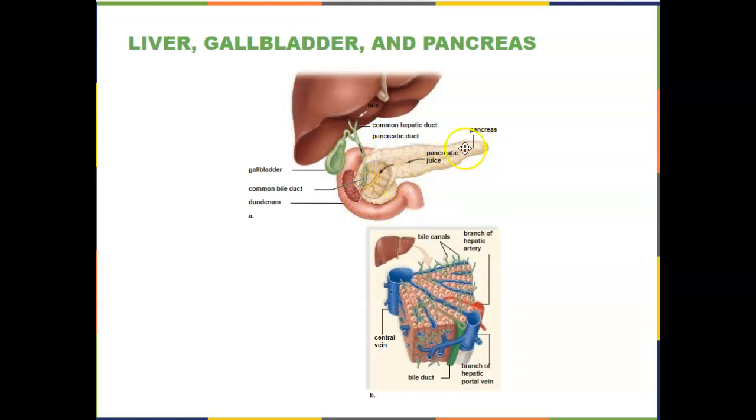And then here's the pancreas, which produces hydrolytic enzymes that break down proteins, carbohydrates, lipids, and nucleic acids. So all the macromolecules have enzymes that target them that are produced by the pancreas.